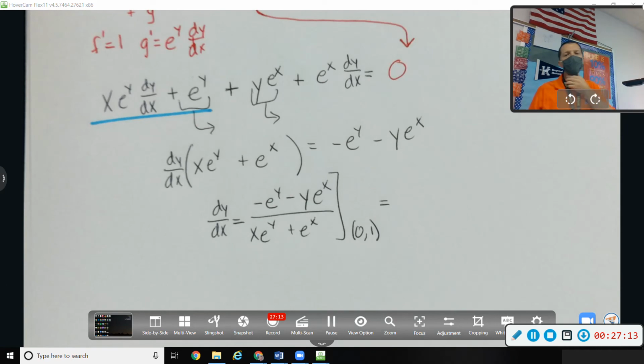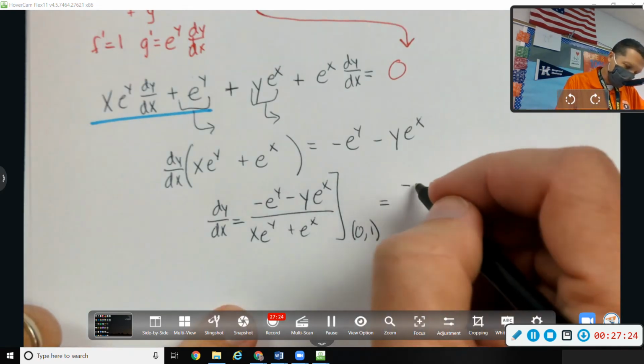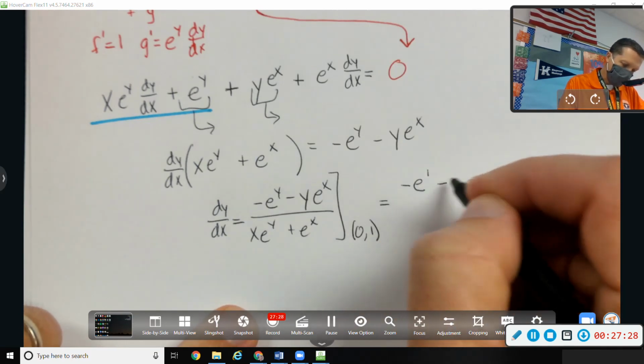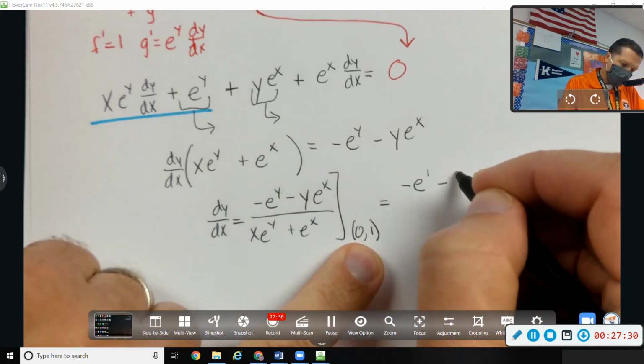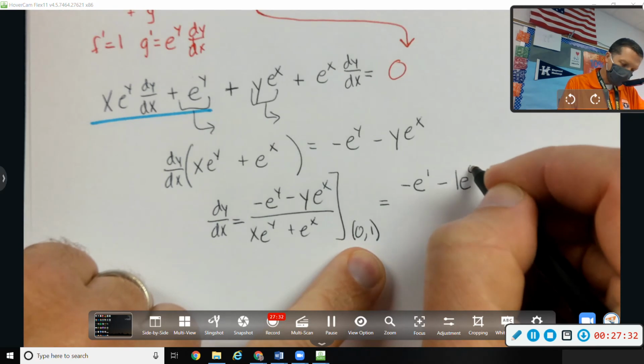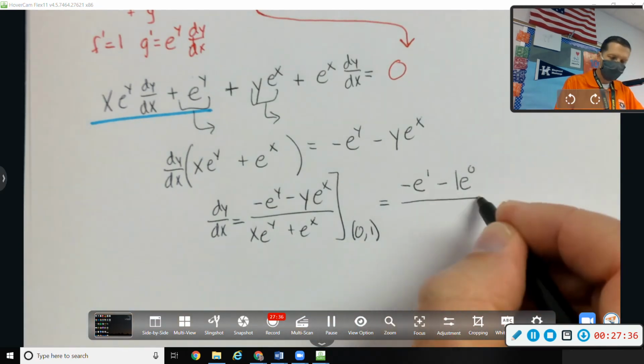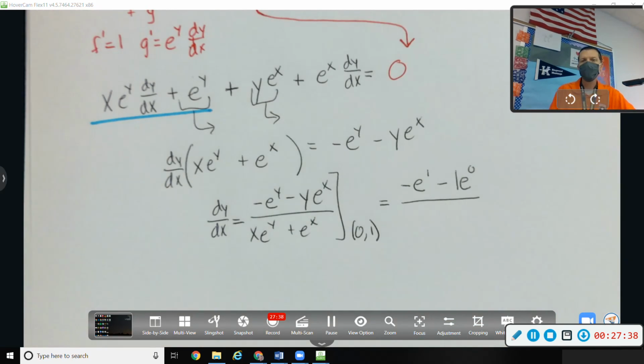Fortunately, we're plugging in zeros and ones, so hopefully we get something that's reasonable to deal with here. Let's see, so negative e to the 1 minus 1 e to the 0. I don't know that qualifies as reasonable or not. I guess e to the 0 is nice.